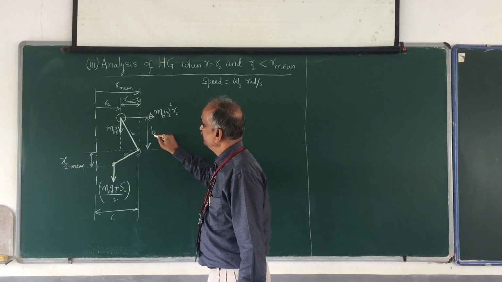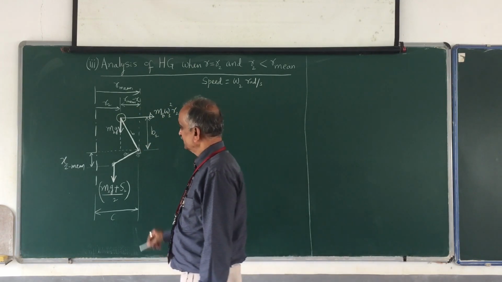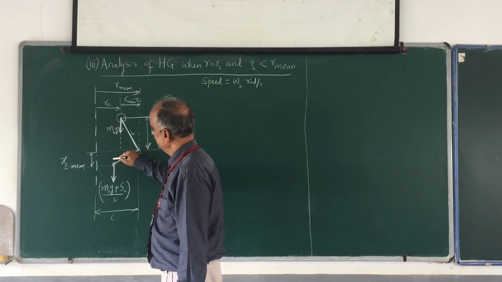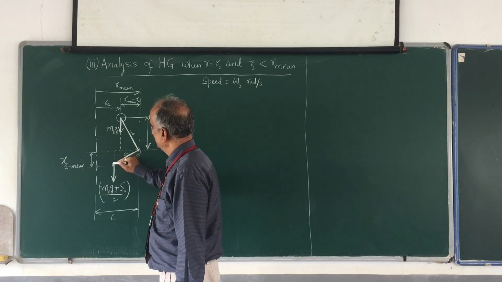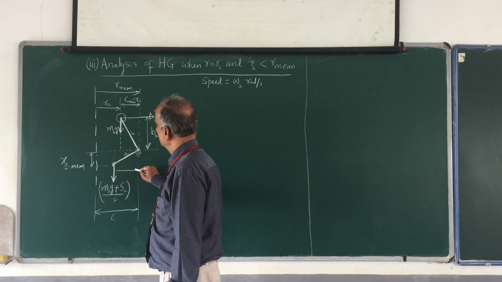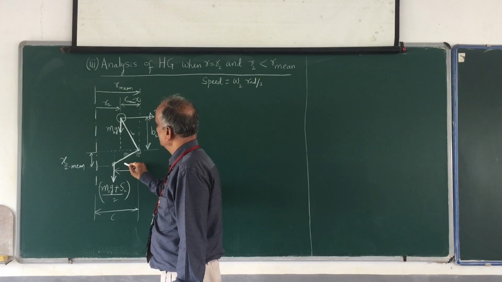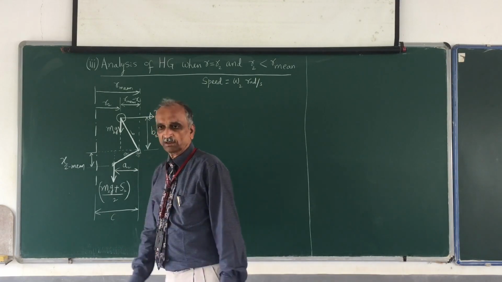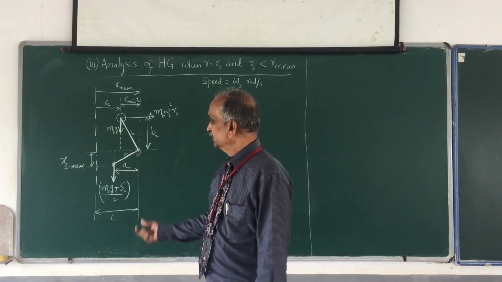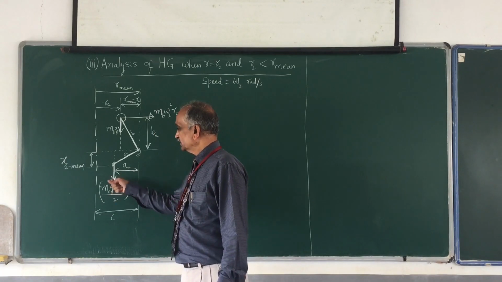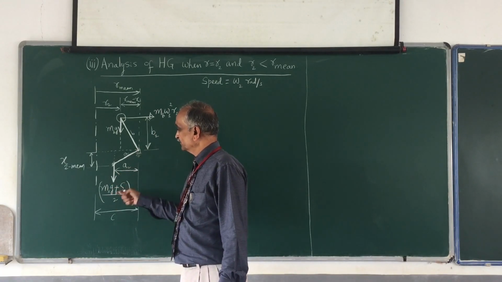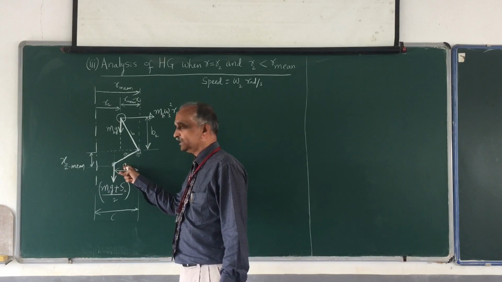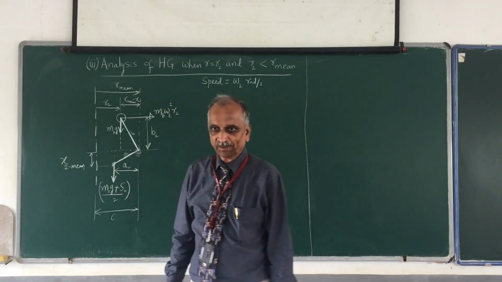This I shall call B2. Similarly, I extend it, draw a line, and this distance I shall call A2, because this is the perpendicular distance between this force and the fulcrum. This force multiplied by this A2 will give you the moment.